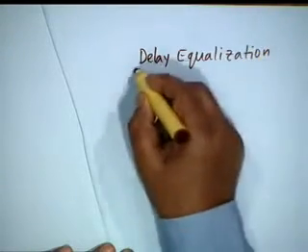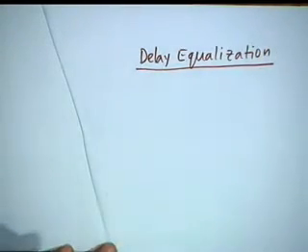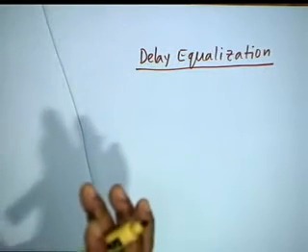I have repeatedly told you that if a transmission channel, it could be a transmission system or a channel, has non-linear phase, if the phase does not vary linearly with frequency, then we have a problem of delay distortion. That is, a group of frequencies start together.